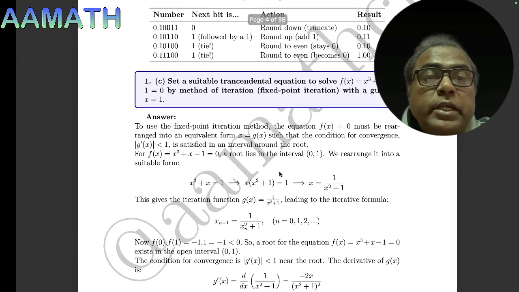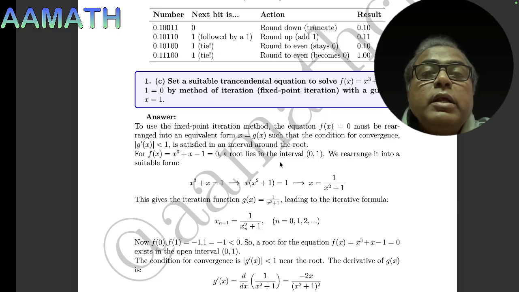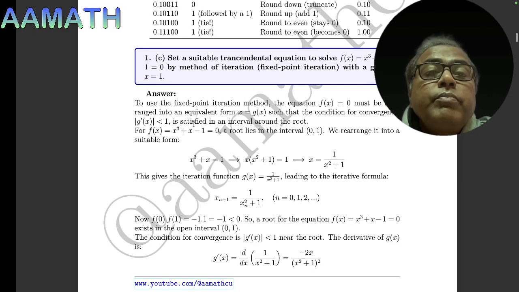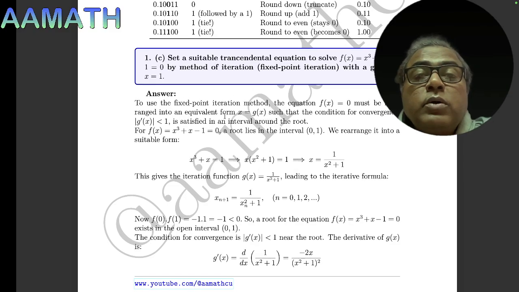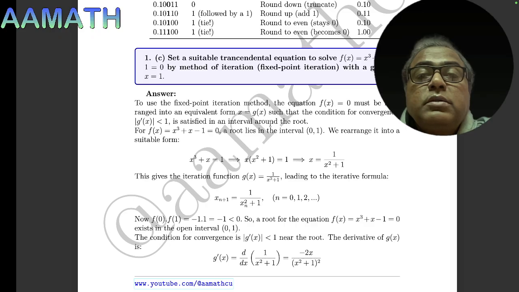Next question 1c, set a suitable transcendental equation to solve f(x) equal to x cube plus x minus 1 equal to 0 by method of iteration, fixed point iteration with a guess x equal to 1. Here, in the fixed point iteration method, the equation f(x) equal to 0 must be rearranged into equivalent form x equal to g(x).